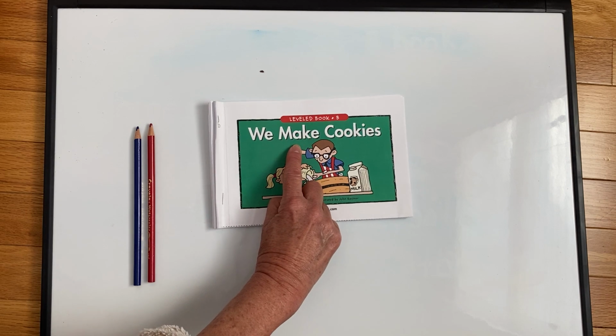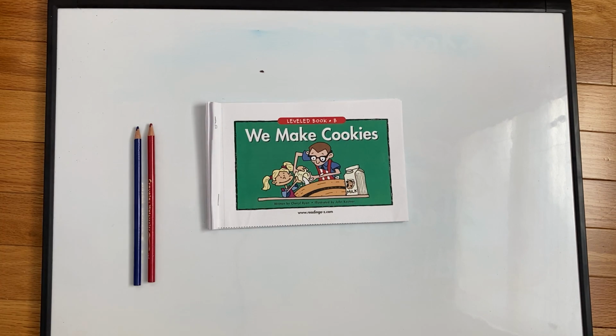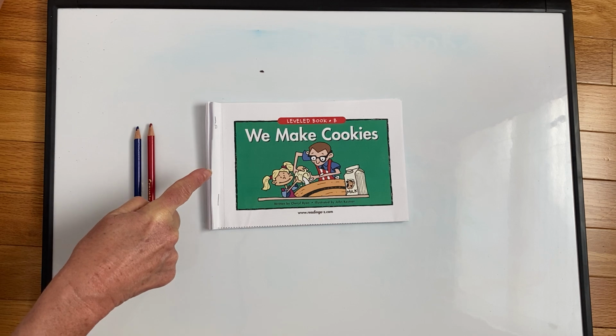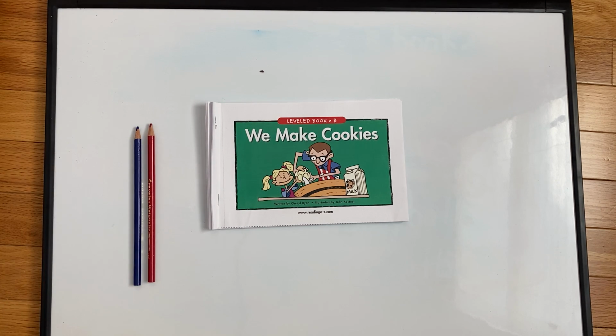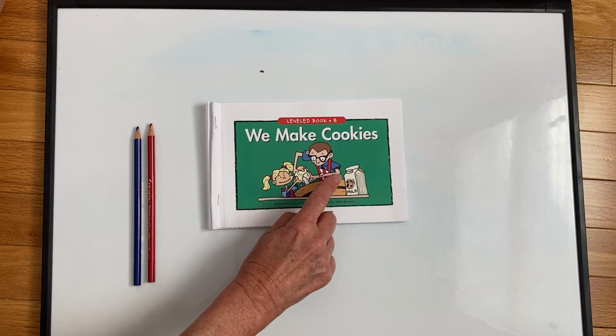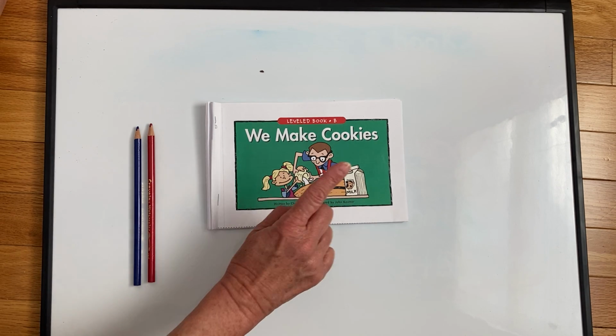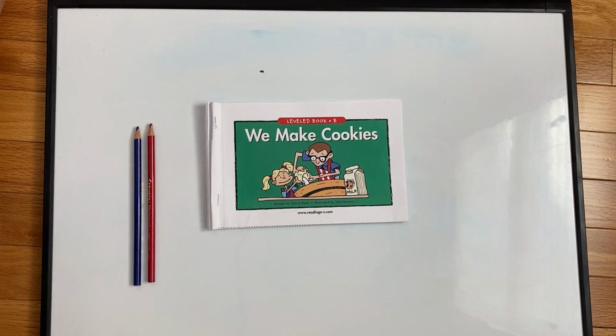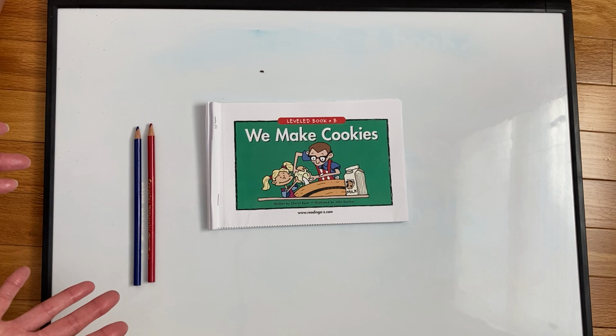We make cookies. Now, even though this is the title of our book, we can actually identify the naming and the telling part of this title. Now, we know that the story is about a daddy and his daughter, and they're spending time together making cookies.